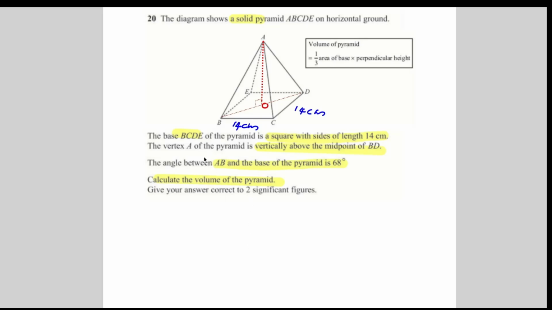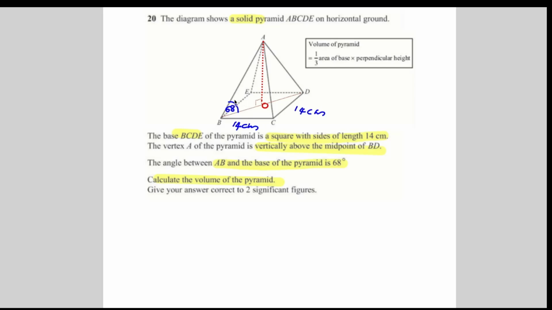Okay. And what else have we been given? The angle between AB and the base of the pyramid is 68 degrees. So this angle is 68. Base is the bottom, base and AB. It is given as 68 degrees.